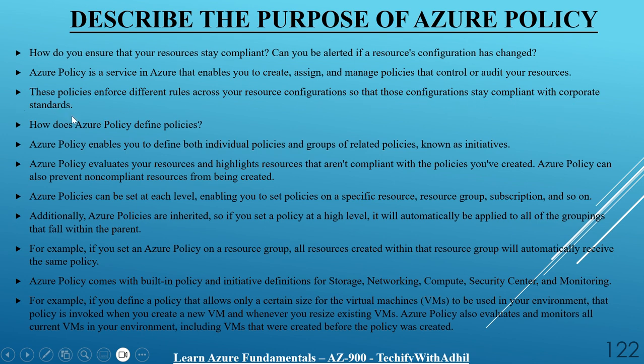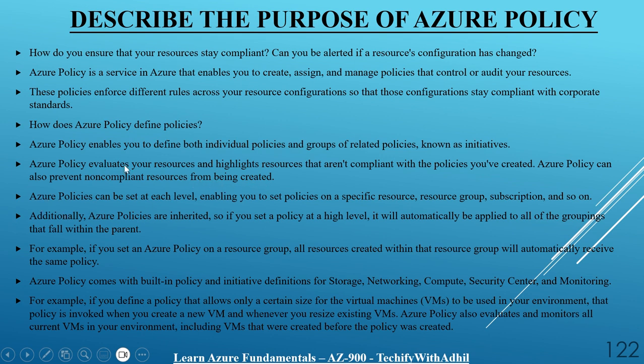How does Azure Policy define policies? Azure Policy enables you to define both individual policies and groups of related policies known as initiatives. Azure Policy evaluates your resources and highlights resources that aren't compliant with the policies you have created. Azure Policy can also prevent non-compliant resources from being created.